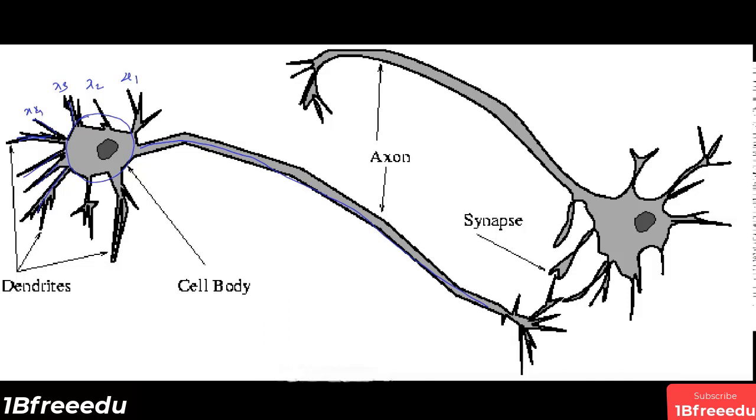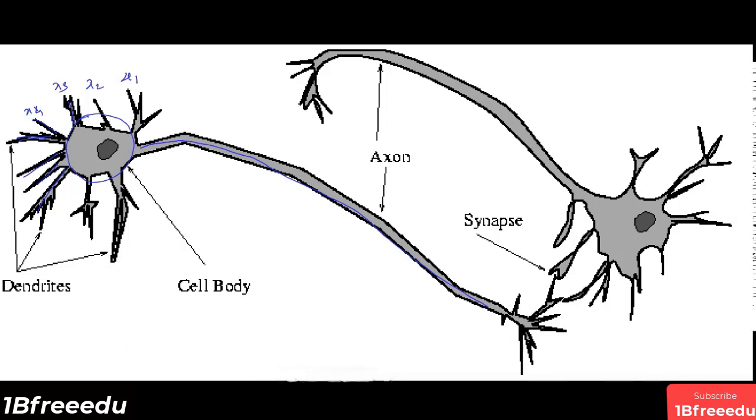Now not all the inputs are of the same importance, right? Some inputs are more important, some inputs are less important. So depending on the importance, the inputs are connected via what are called weights. We put weights on the dendrites.